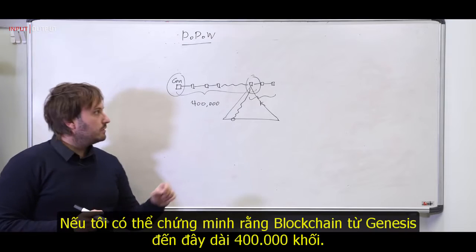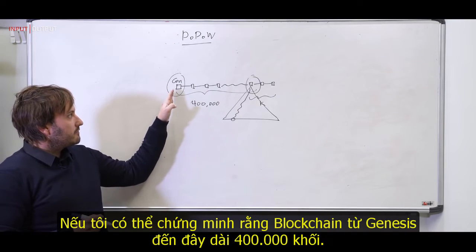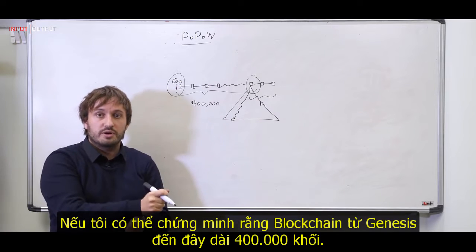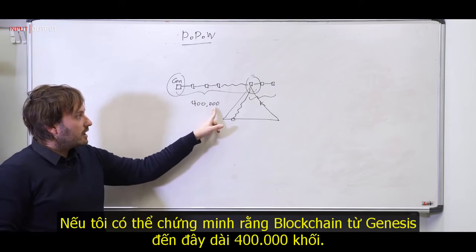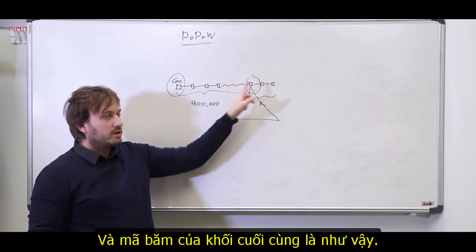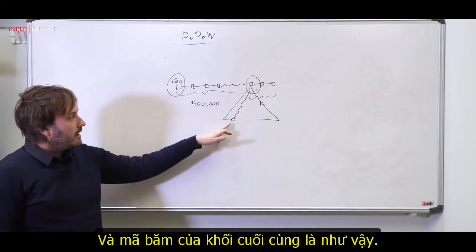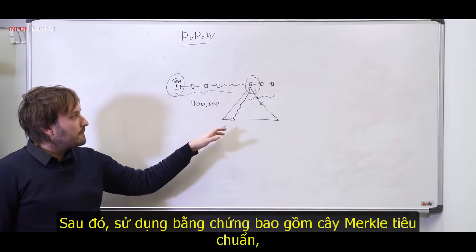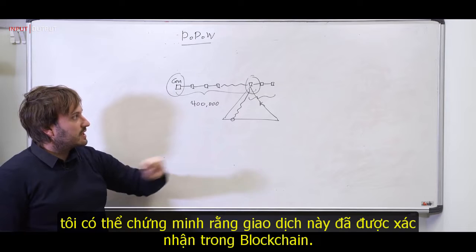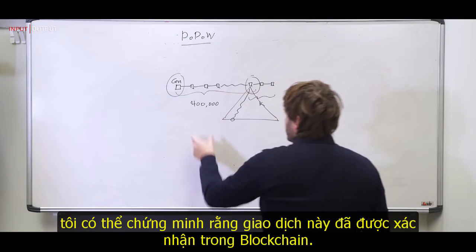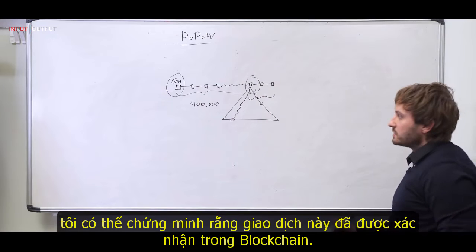If I'm able to show that the blockchain from Genesis to here, where Genesis is the string that you already know, is 400,000 blocks long, and the hash of the last block is such and such, then using a standard Merkle tree inclusion proof, I can then show that this transaction was confirmed in the blockchain that has so many blocks.